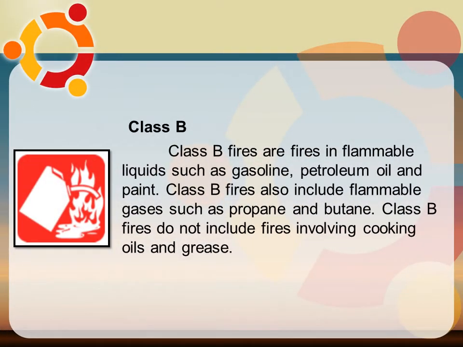Class B fires are fires in flammable liquids such as gasoline, petroleum oil, and paint. Class B fires also include flammable gases such as propane and butane. Class B fires do not include fires involving cooking oils and grease.